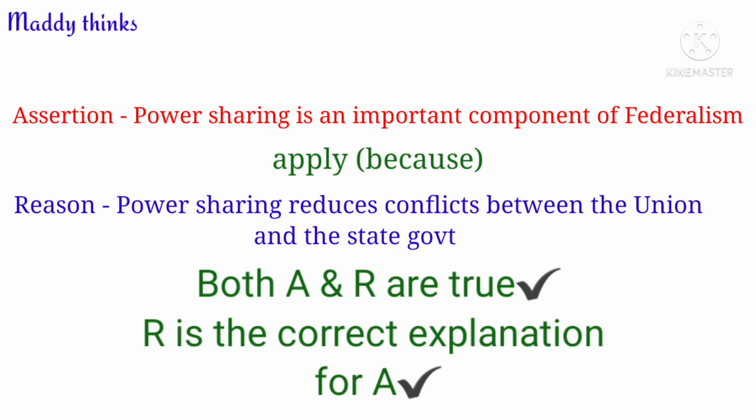Now let us apply because in between assertion and reason. Power sharing is an important component of federalism because power sharing reduces conflicts between the union and the state governments. Now the interpretation is both assertion and reason are true, and reason is the correct explanation for the assertion.